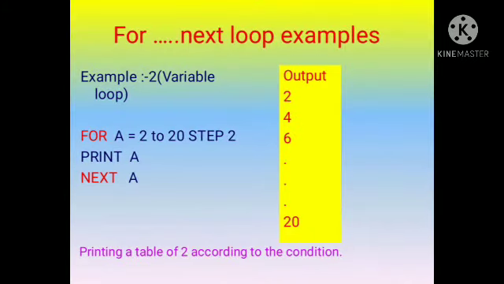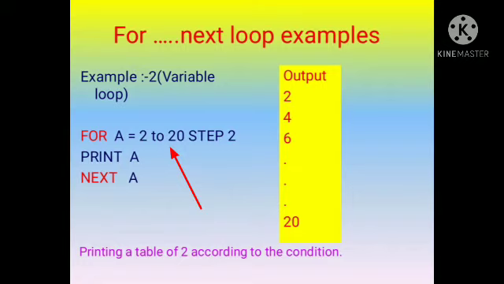The second example of For Next loop is given here. Here we have to type table of 2. For that we have to give the condition. According to that condition, the computer will type table of 2. See now how the condition is given. For a is equal to 2 to 20, it means start value is 2, end value is 20.